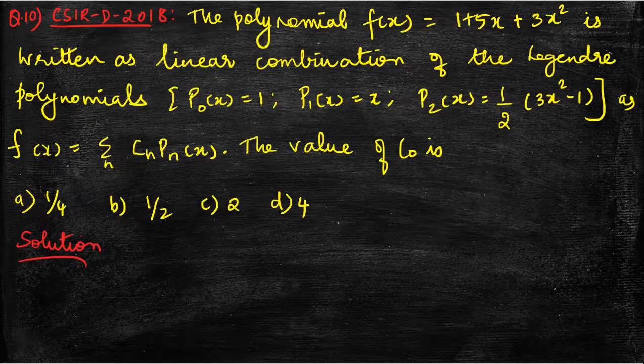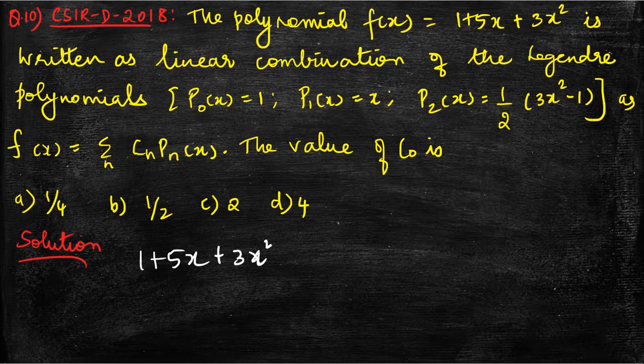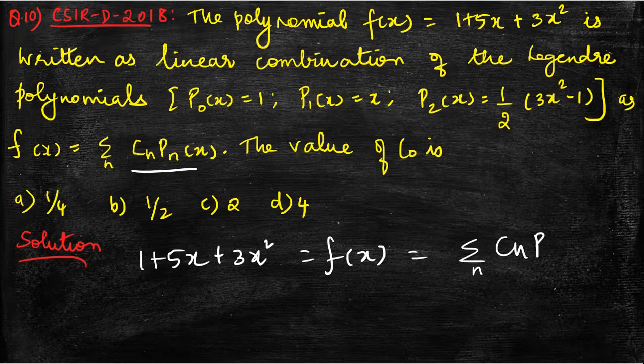So let us see the last problem. The polynomial f of x is given as 1 plus 5x plus 3x squared. Okay, and now we'll have to find the value of c naught. This is equal to f of x, and also f of x is equal to summation cn Pn of x. Now I can write P0 of x as 1.